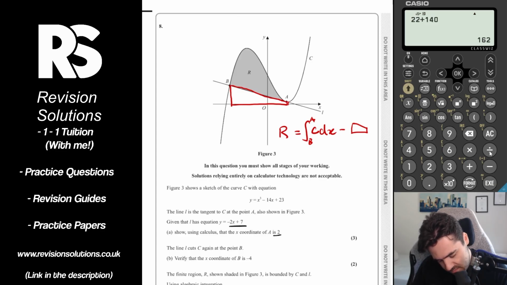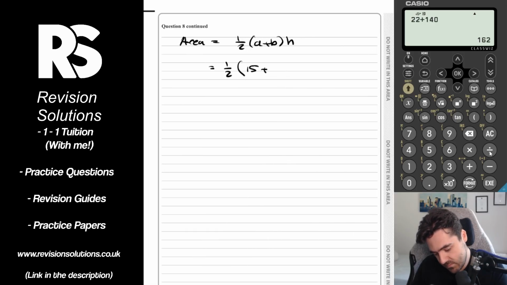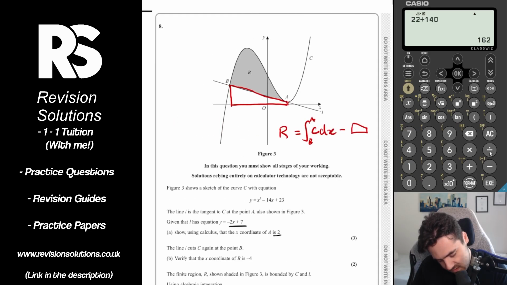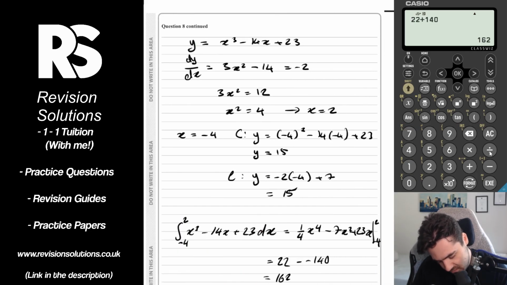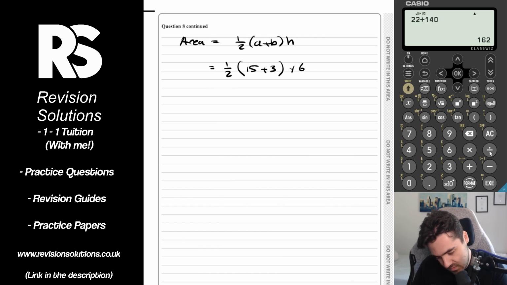If you plug that in here, it'd be minus 2 times 2. That's minus 4. Plus 7, that's 3. So 15 plus 3. And then it's the distance between those parallel sides, which goes from minus 4 to 2. So that would just be 6. So that's a half times 18 times 6. That's 9 times 6, which is 54.